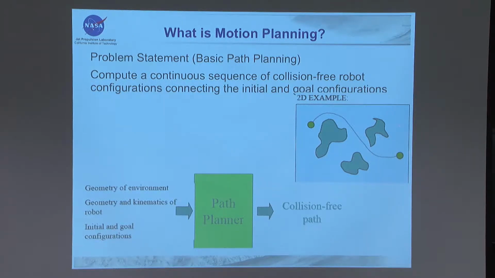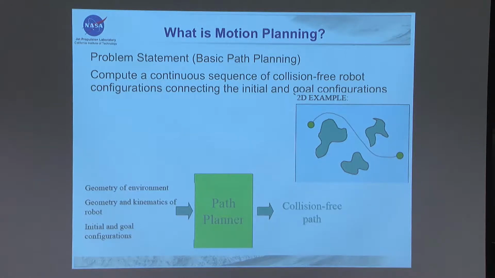So you have a world, and in this world you are given two configurations, and there are some places that you don't want to be in. You give the geometry of this world, and you give the geometry, kinematics and constraints of the robot. Then you give these initial and goal configurations.